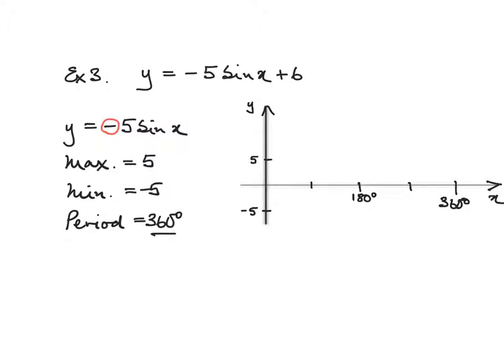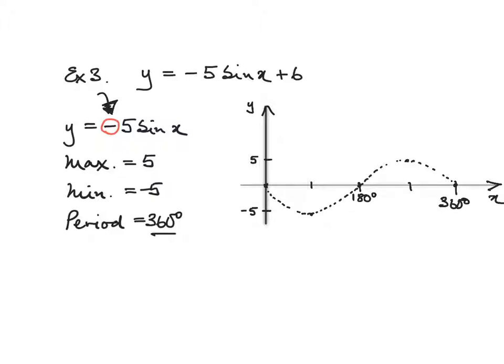Now, the negative at the front means that the graph starts as sine does at this point here and then goes down instead of up. So here are the main points on the curve, and this dotted line represents minus 5 sine x.